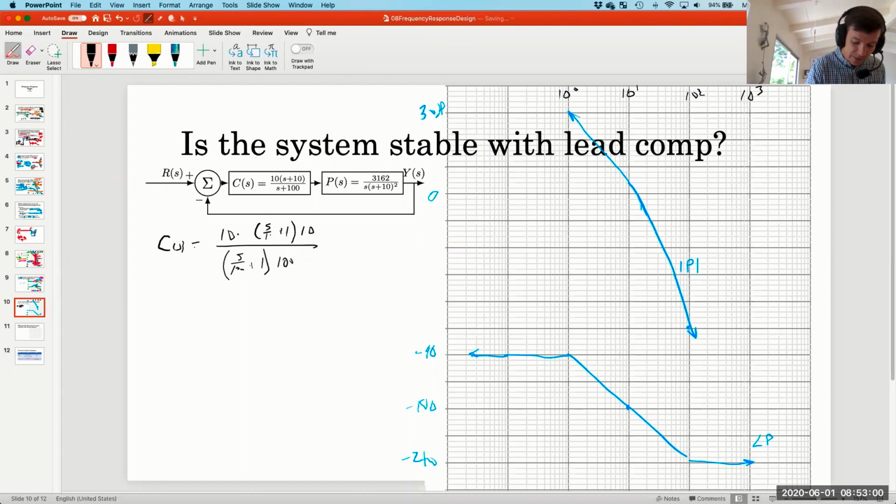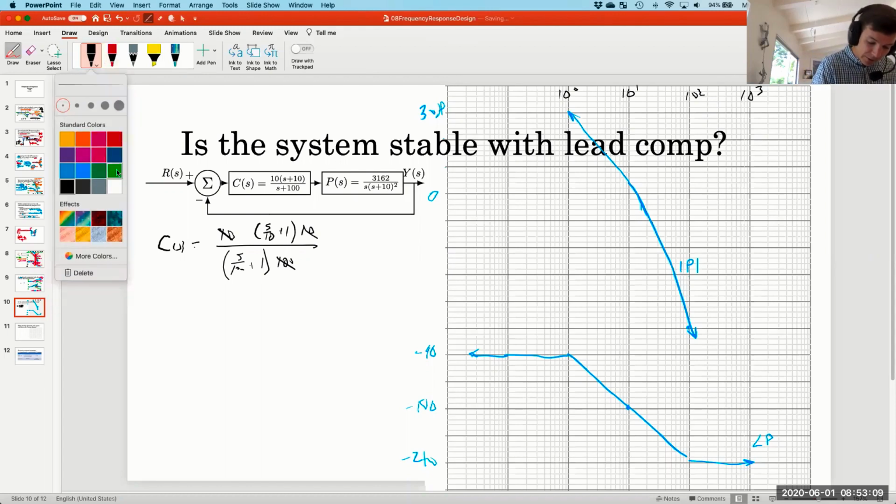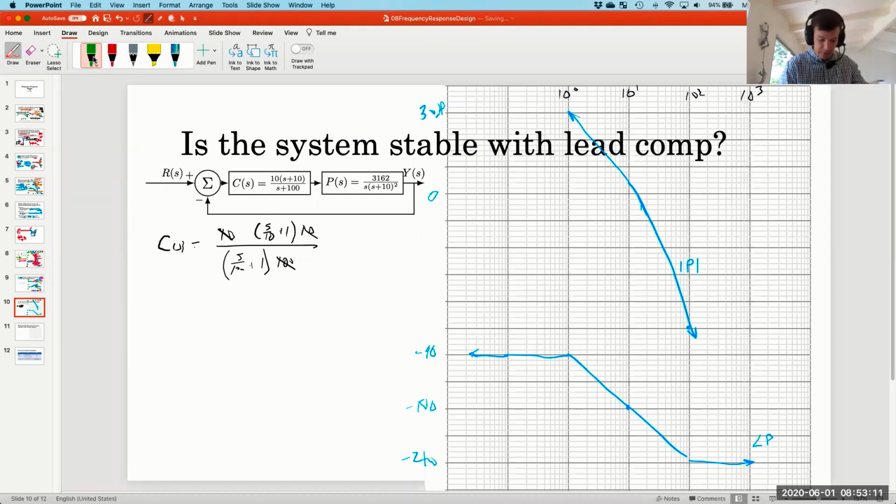So the 10 and the 100 will cancel, and so I get that kind of pure zero and pole behavior. Okay, so the compensator 0 is at 10 radians per second. So here we'd have something that looks like starting at 1 decade below and going up by 45 degrees per decade.